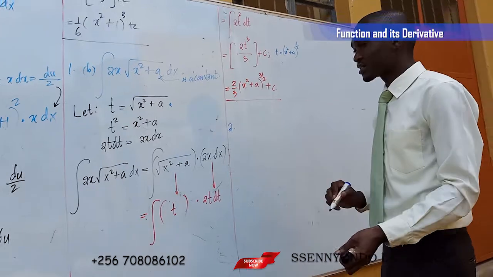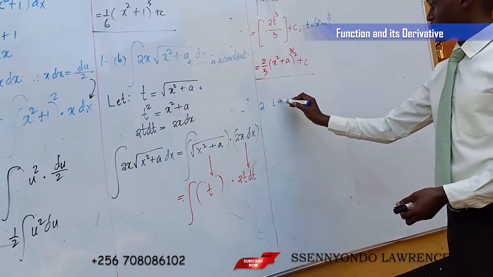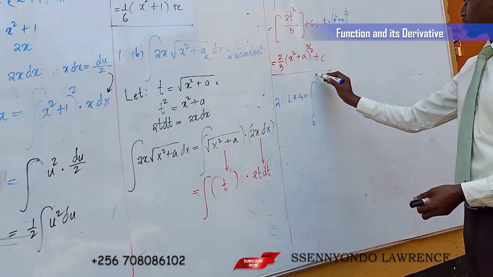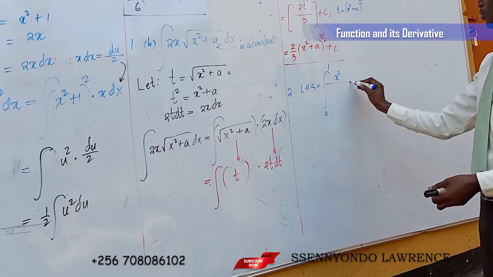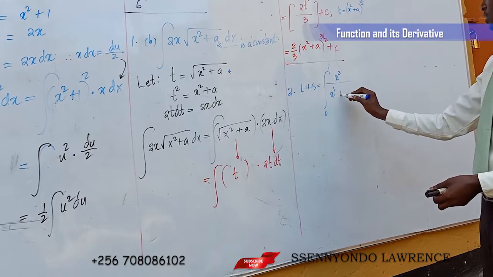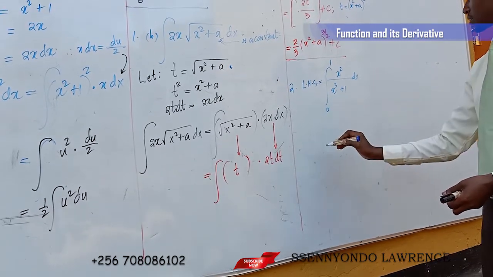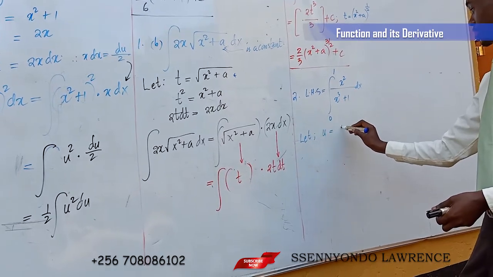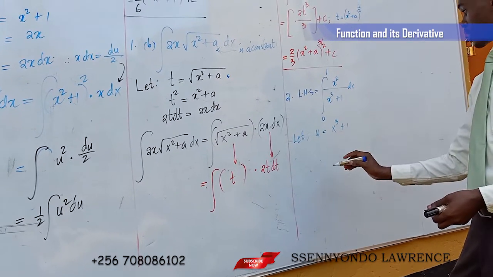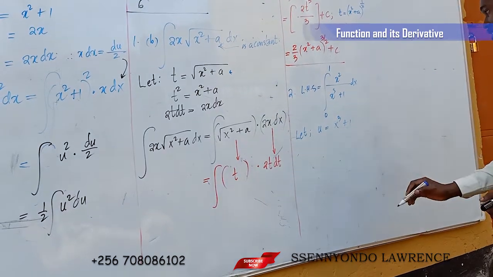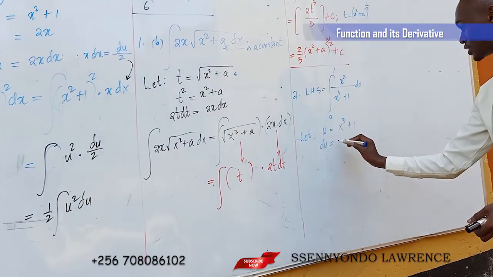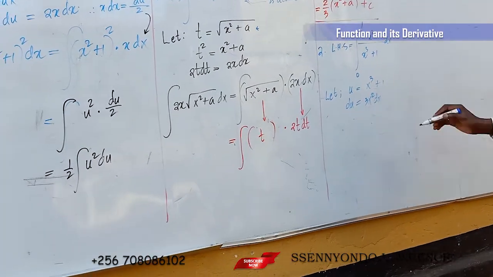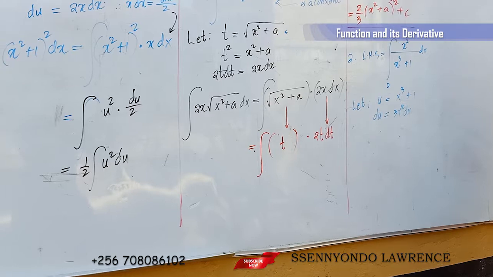So from the left hand side, under number 2, we want to carry on from 0 to 1 of x squared over x cubed plus 1 dx. So at that point, you let u be x cubed plus 1. Differentiate, du is equal to 3x squared dx, derivative of 1 being 0, don't forget.